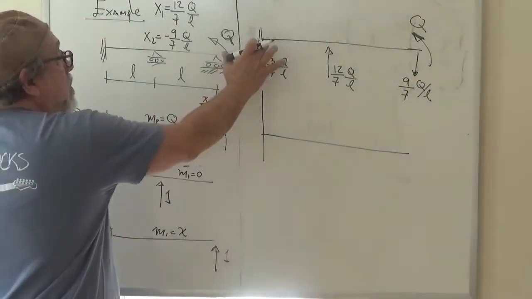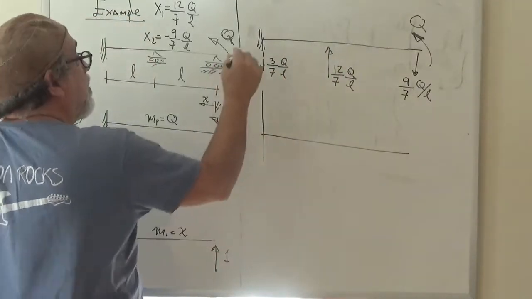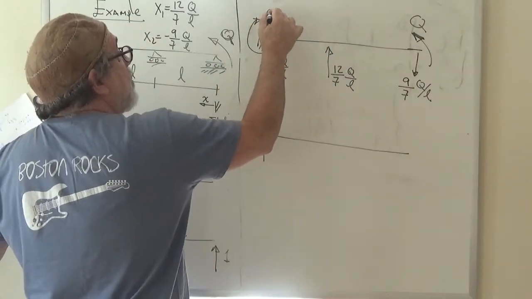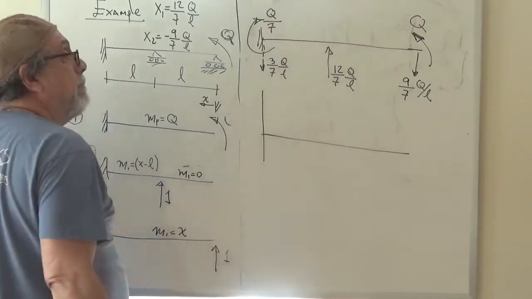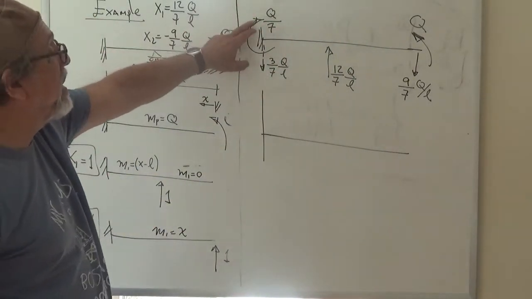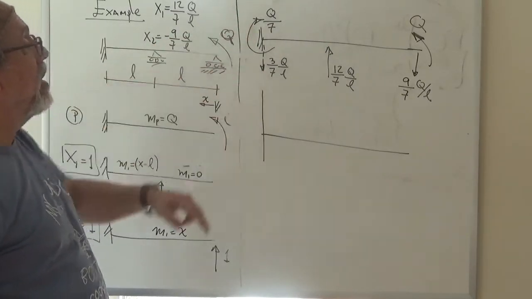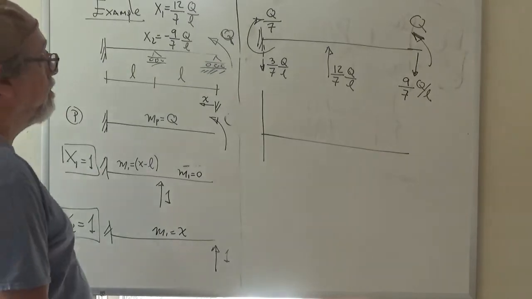If you sum moments about here of everything, you find that there is a moment here of Q over 7. So from a free body diagram of the complete thing, you find that the reaction for this moment is Q over 7. From the sum of the forces in Y, this is 3/7 of Q over L.